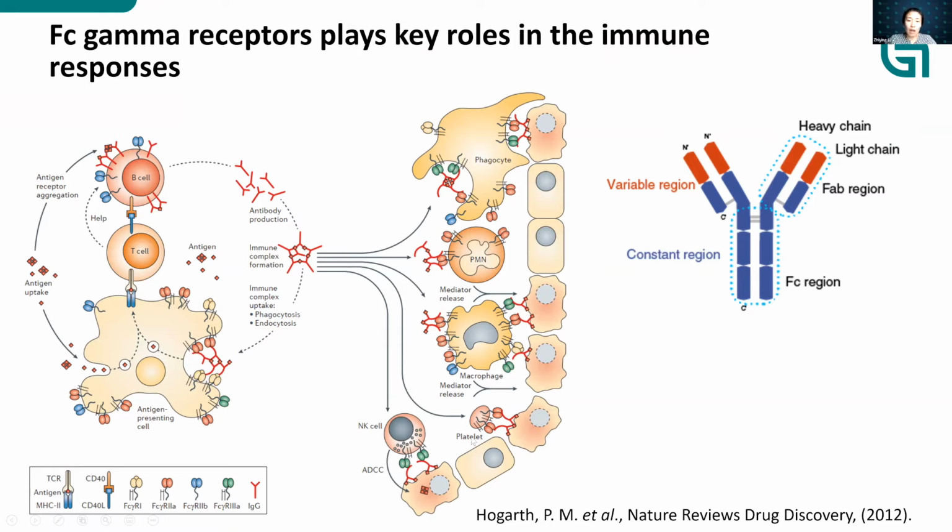When these receptors are activated, they can lead to phagocytosis. They can lead to enhanced antigen presentation by the macrophages. They can also lead to ADCC by the NK cells when their Fc gamma receptor is activated.